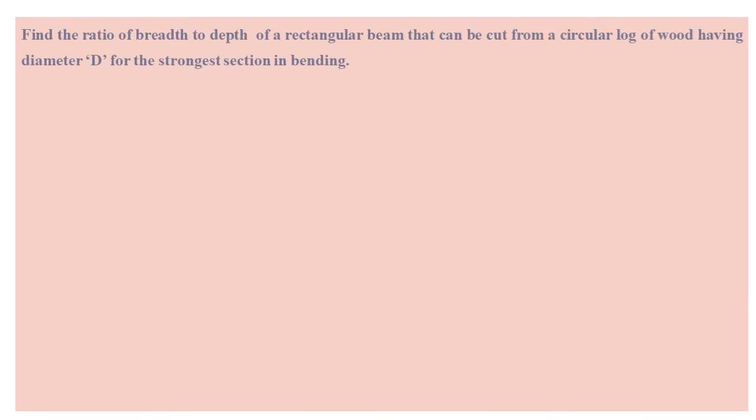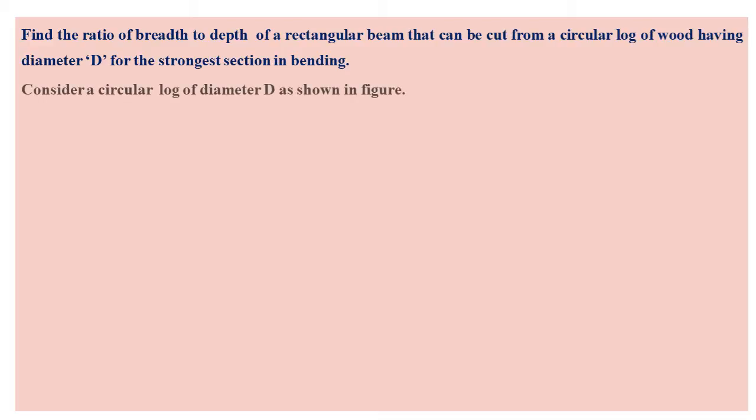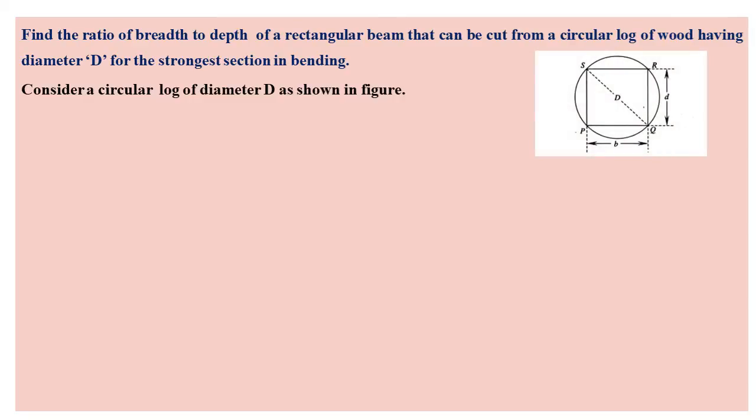Consider a problem. Find the ratio of breadth to depth of a rectangular beam that can be cut from a circular log of wood having diameter D for the strongest section in bending. Consider a circular log of diameter D as shown in the figure. This is the given figure.